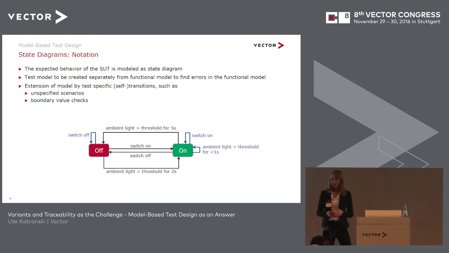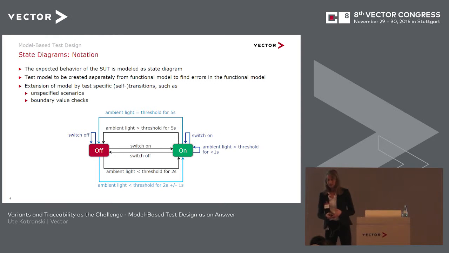Or I have boundary value checks. So what happens if the ambient light is exactly on the threshold value? Should it go on or off? And then also time-based requirements.